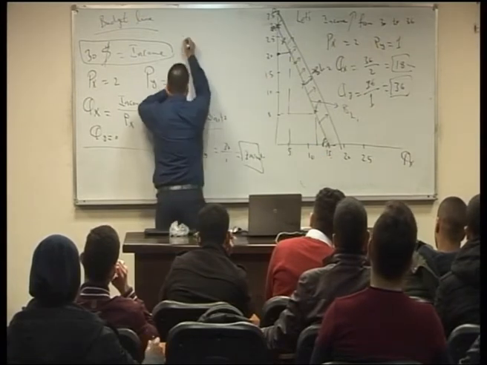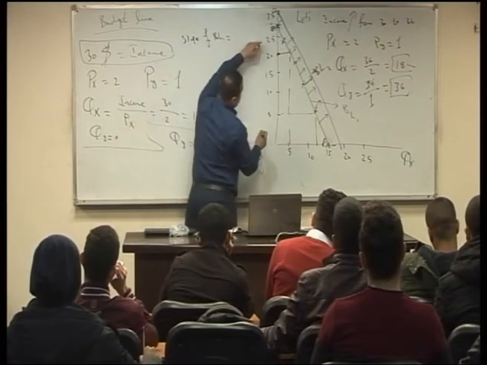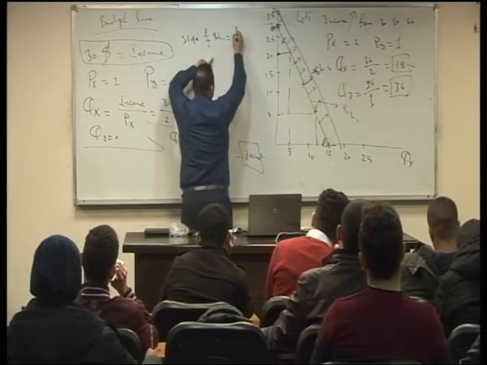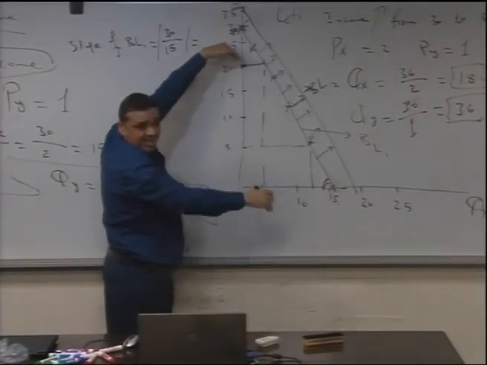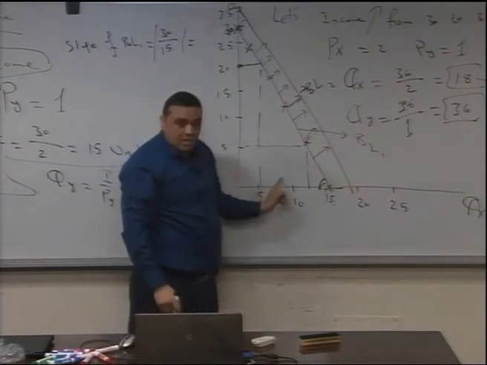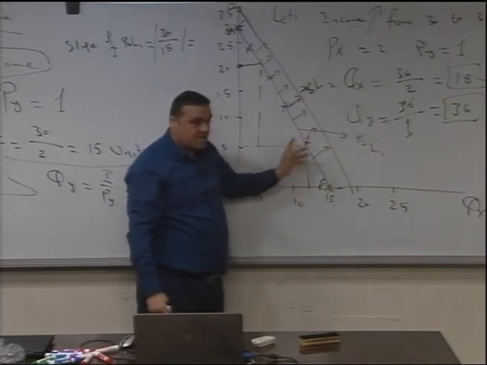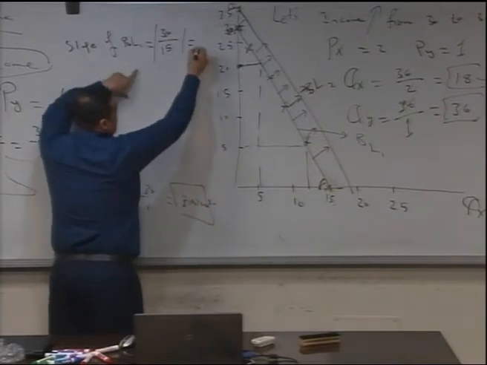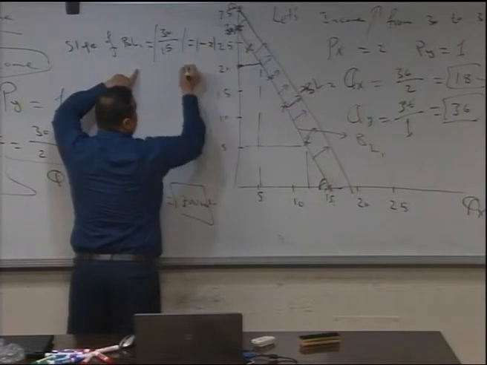The slope of budget line 1 equals height over base, 30 over 15, the absolute value. It's a negative slope, because when he decides to increase his consumption of X, he has to give up more units of Y. It equals minus 2, or 2 in absolute value.